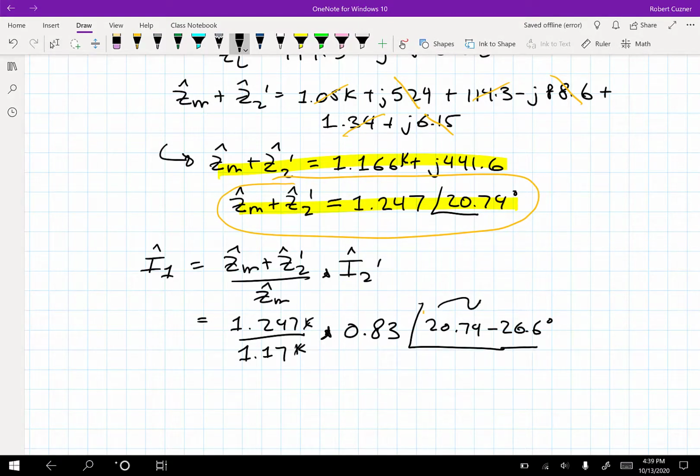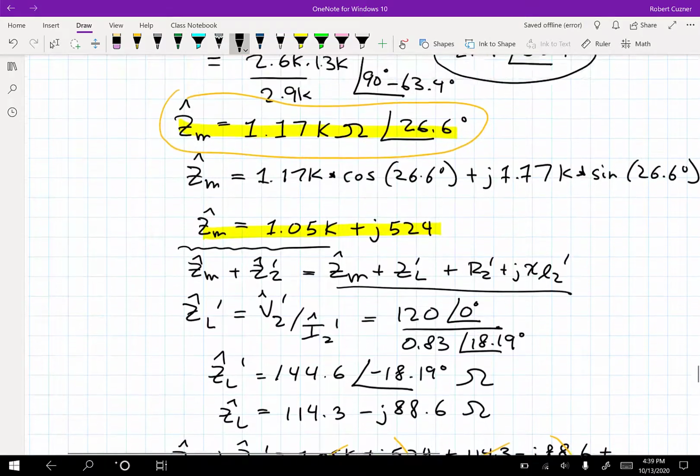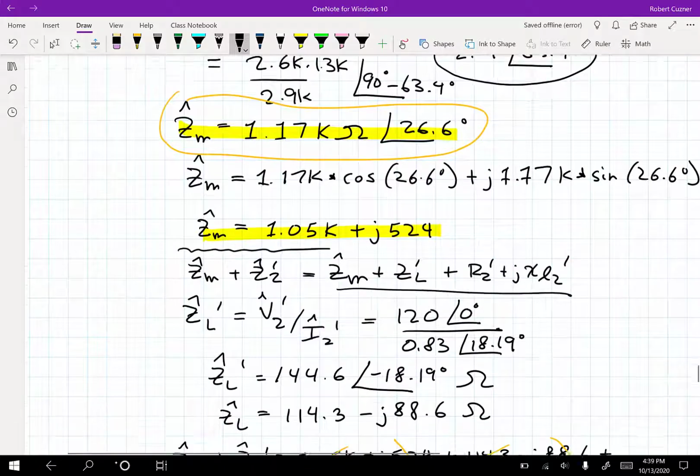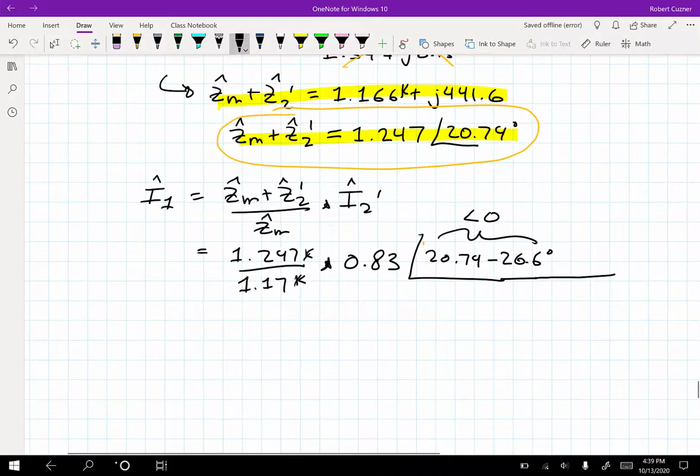Notice that this is going to be less than 0. And I have one more angle. It's the current of the load, which was at a positive angle of 18.19 because it was a leading current.